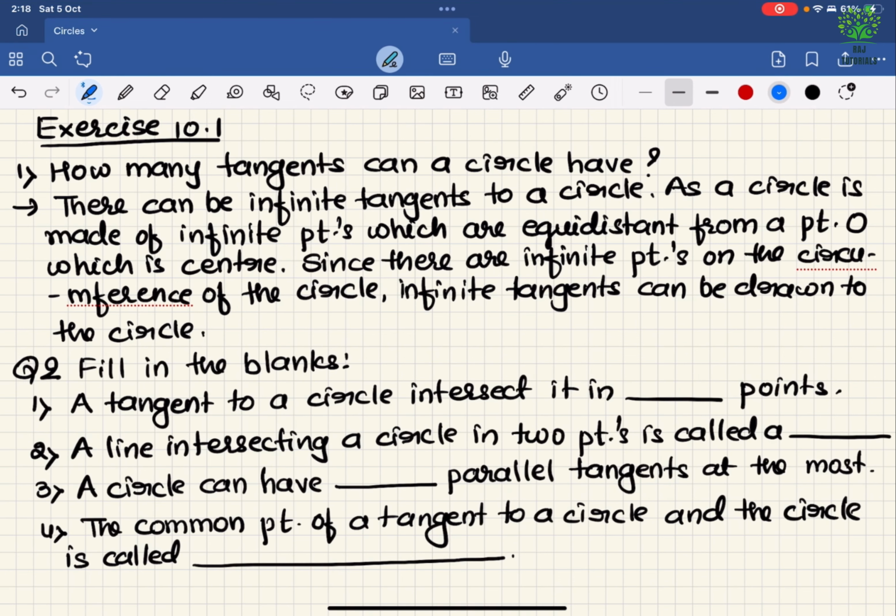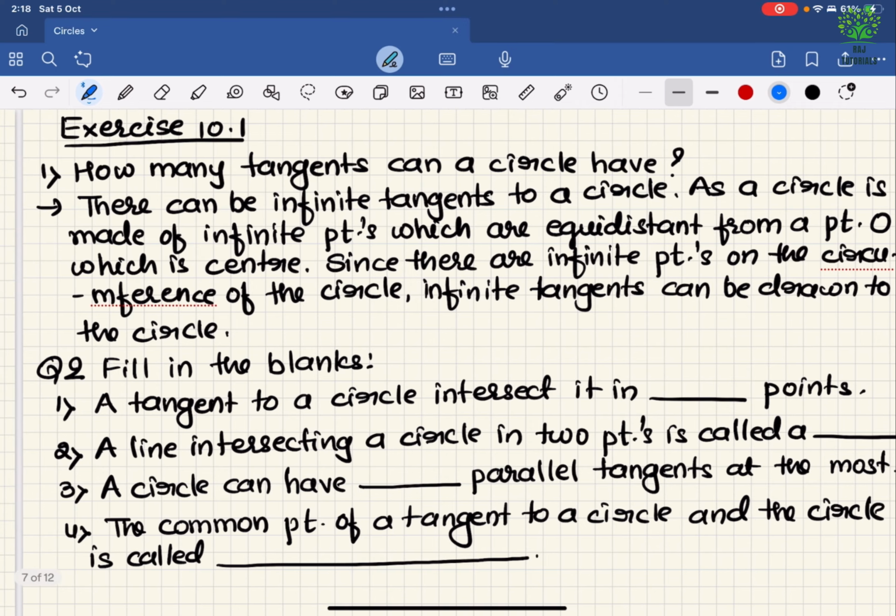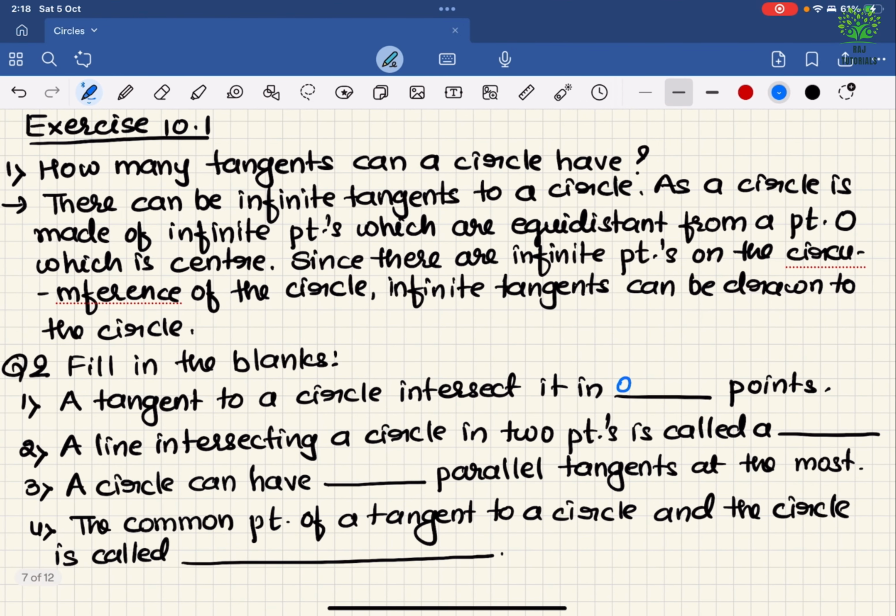Now question 2 says fill in the blanks. A tangent to a circle intersects it in dash point or points. The answer will be 1 point. Then the second one says a line intersecting a circle in 2 points is called. This is the definition of a secant, so the answer will be secant.